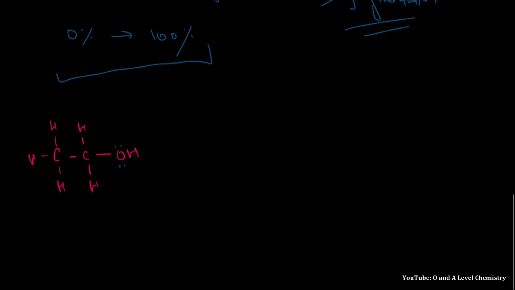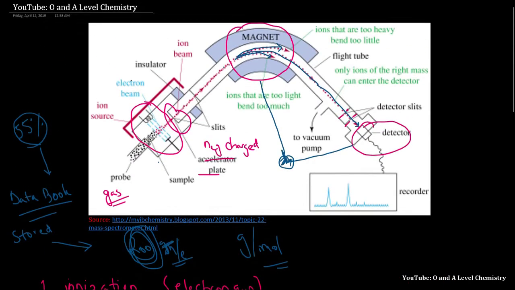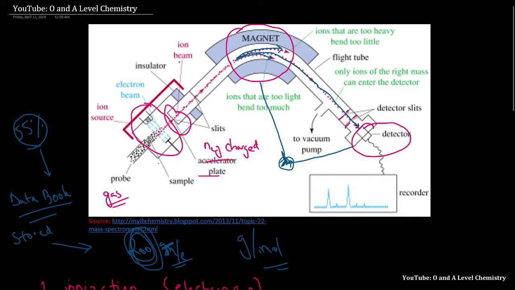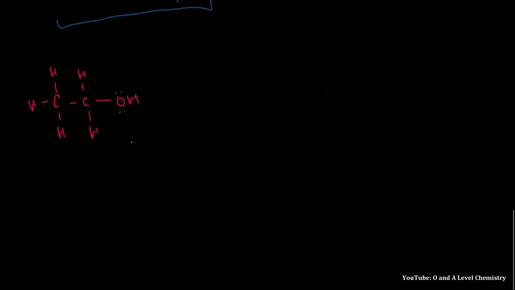The electron gun inside the mass spectrometer, which is used to ionize your sample, throws high energy electrons randomly into your sample, right? So what they do is they knock off electrons from your sample. This particular electron on the oxygen is knocked off.